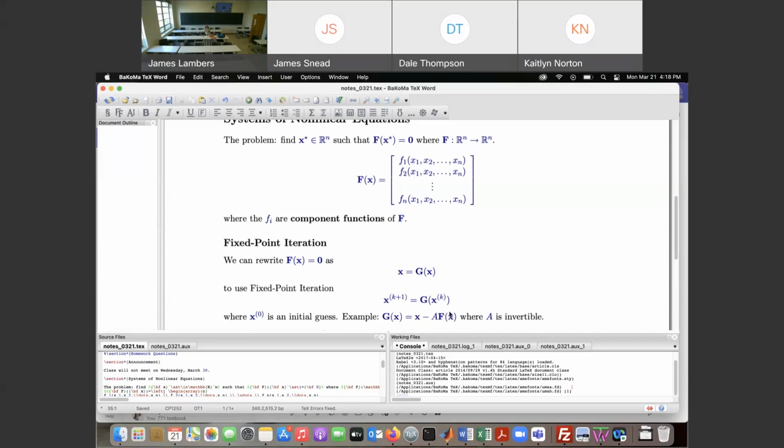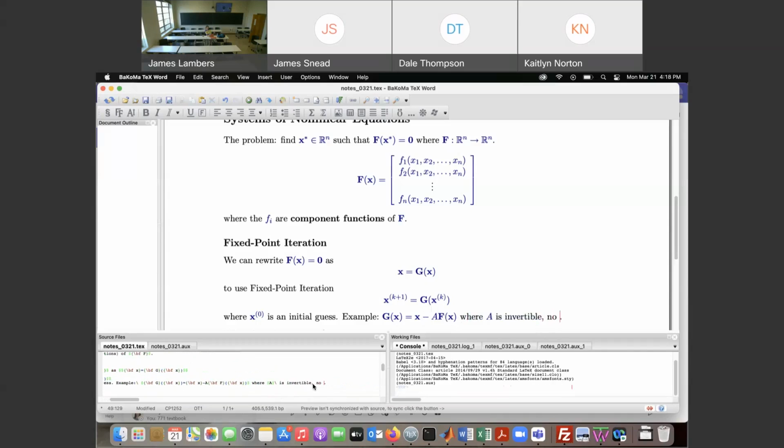And similarly, if f of x equals 0, then certainly g of x will equal x. So you confirm that g of x equals x if and only if f of x equals 0, as long as A is invertible or non-singular. And I tend to go back and forth and use these terms interchangeably, so I want to make sure that everyone here is aware of them. Invertible versus non-singular.